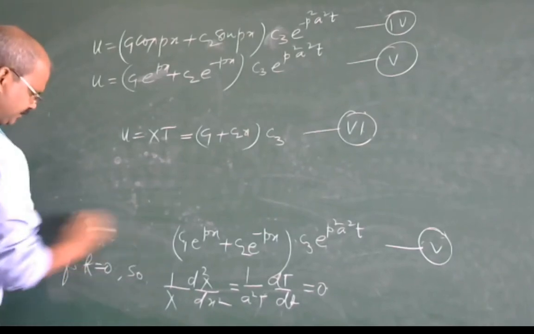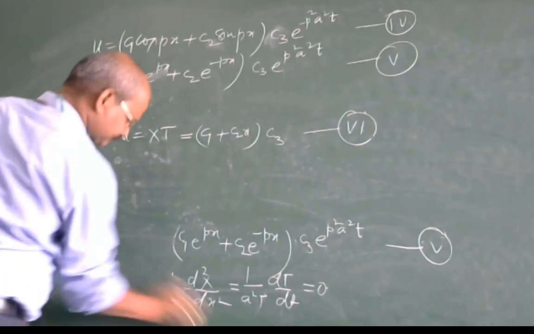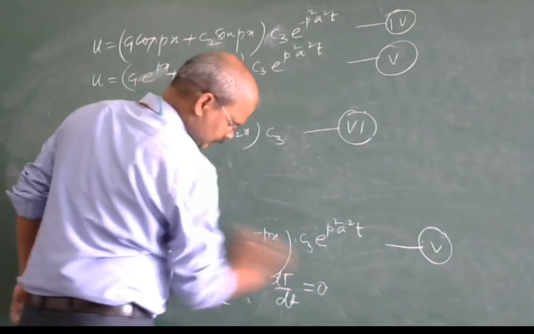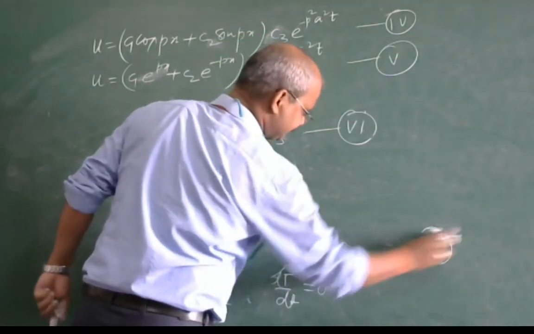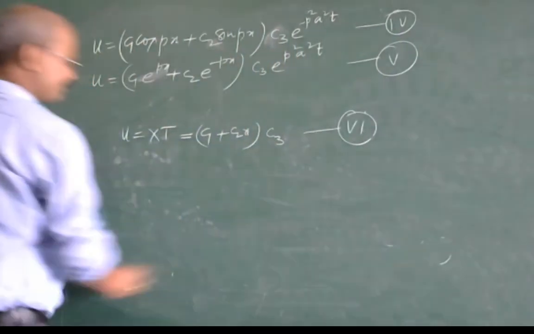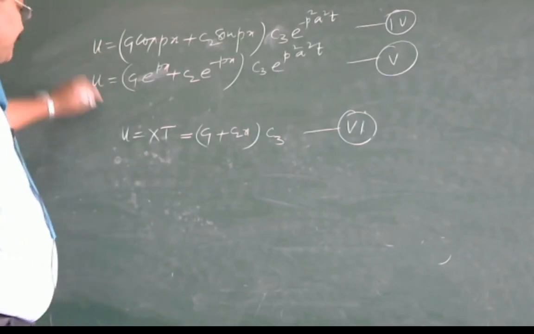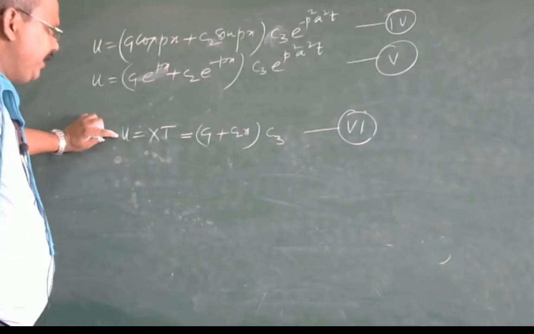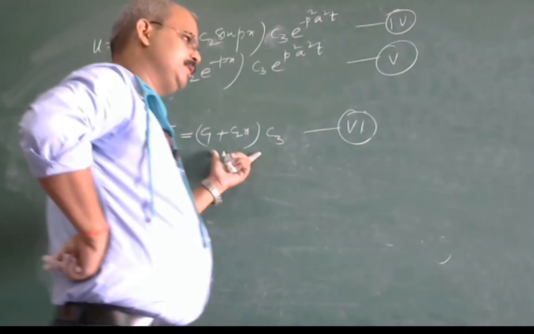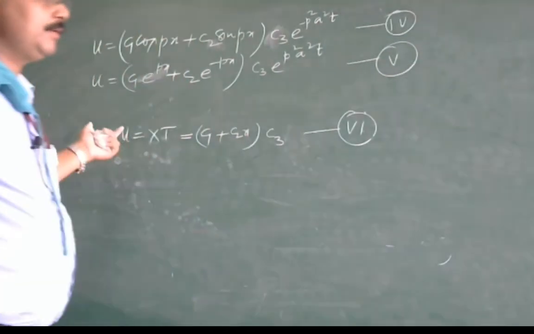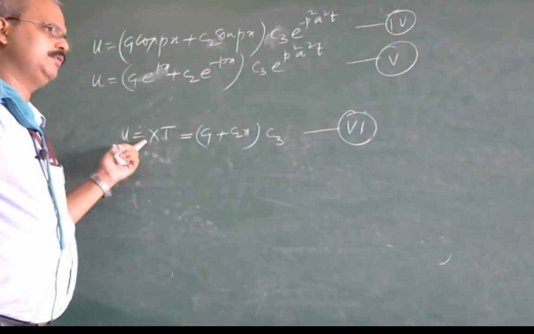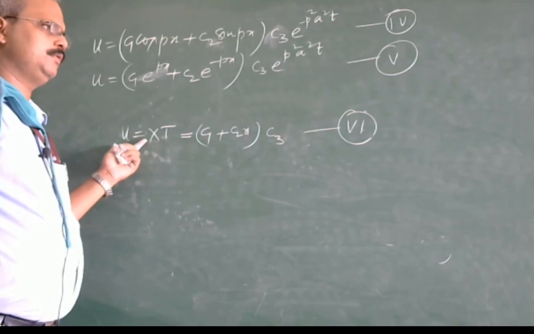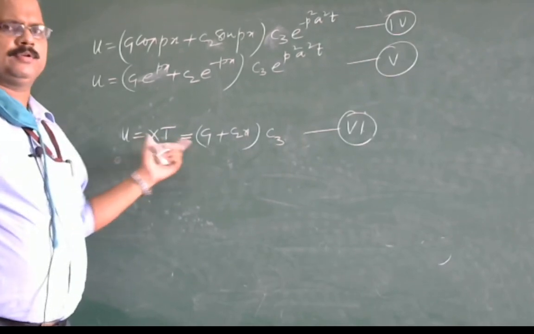So of these three solutions, we can say that if t increases, u increases.